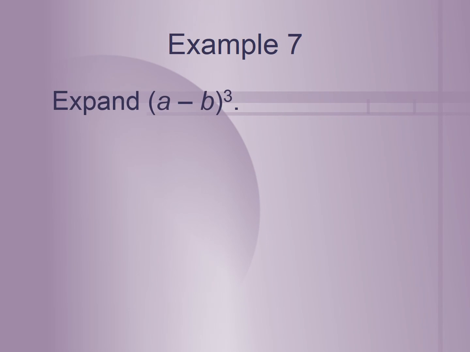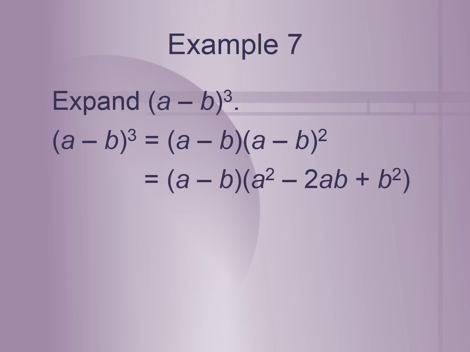All right, so let's say we have a minus b cubed. To do this, the first thing you have to realize is that a minus b cubed is the same as saying a minus b times a minus b squared. A minus b squared is a square of a difference. So we can use our formula, which is a squared minus 2ab plus b squared.